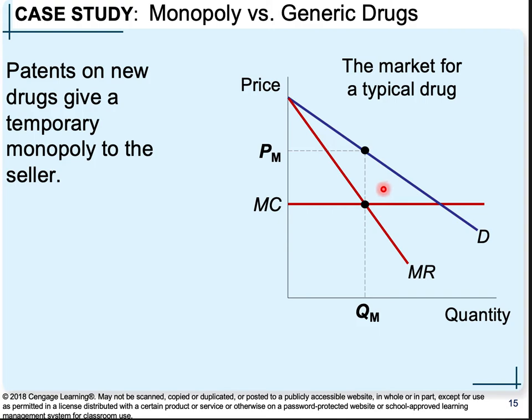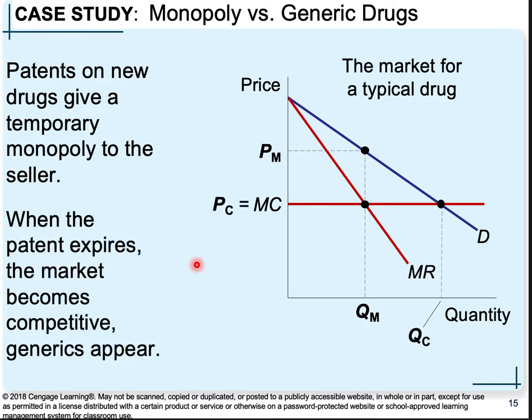If you think about this top square, we don't have our average total cost curve, but this is the price and quantity. Now, when this patent expires, it enters the public domain, meaning anyone else can produce this product. This is where you get generic drugs. When generic drugs are produced, you're going to produce at this point right here.